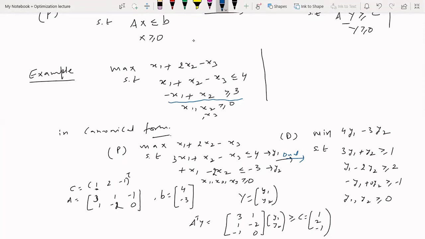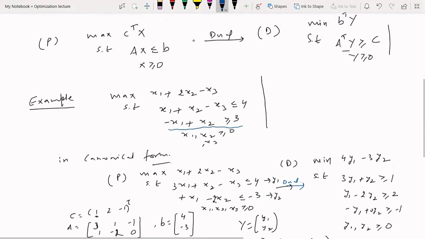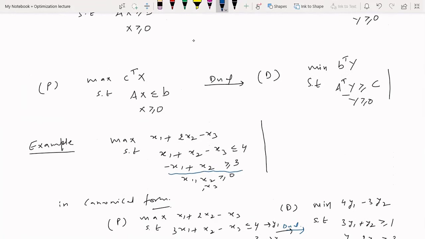Then the important point here is that if I need to write the dual of this problem, which is basically the dual of the dual problem, it is nothing but the primal problem. So these two problems are interconvertible, right? That can be easily checked. If this is a maximization problem, its dual is on this side.